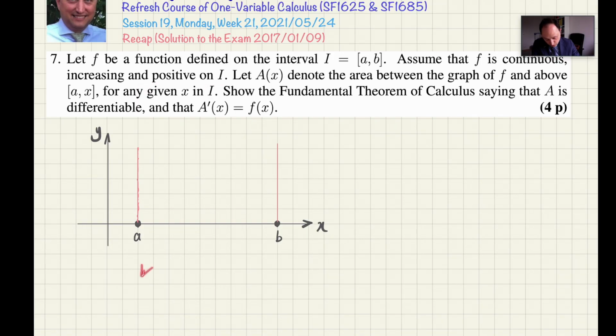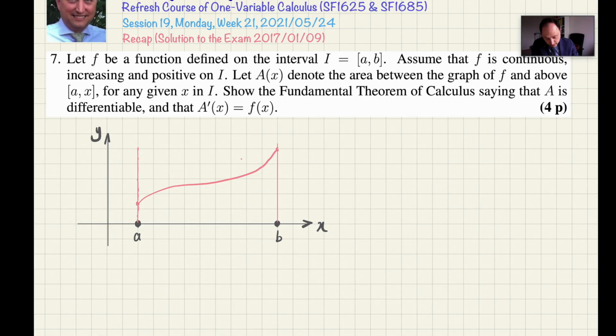So it doesn't go below the x-axis because it is positive, and it is increasing. So the function starts from somewhere, goes up and up. It will not come back. It's something like that. For example, let me just draw some graph. It's increasing all the time. Something like this.